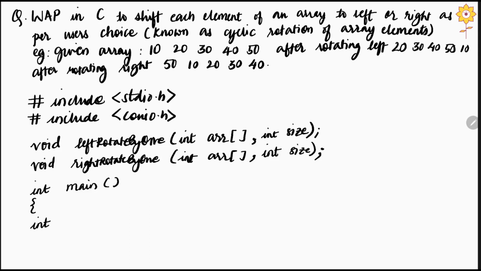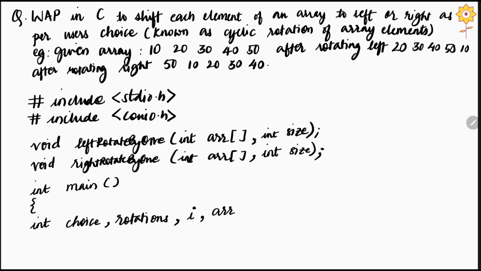Then you will have to ask for the choice, left or right. Then you can ask them for the rotations, how many rotations they want to take on that array. You will require an iterator i for your for loop, which we are declaring here, and then you will declare your array.